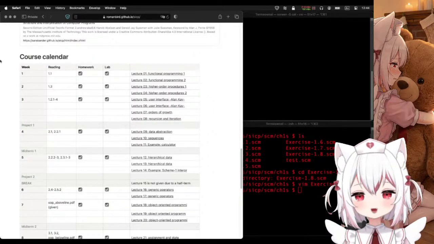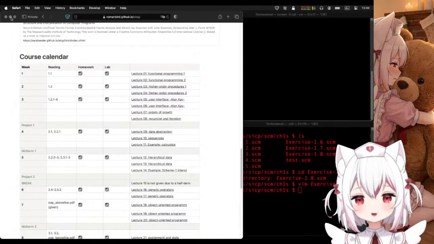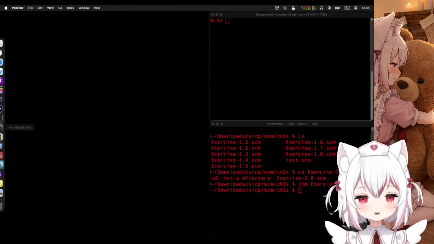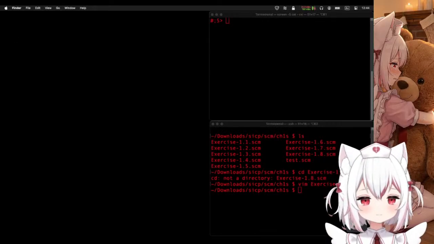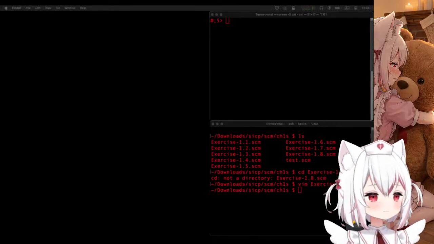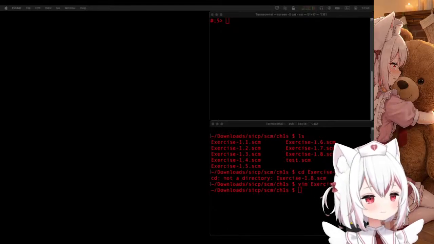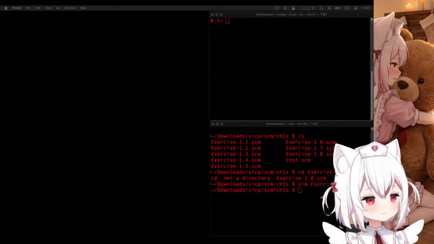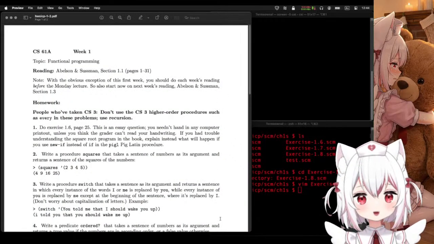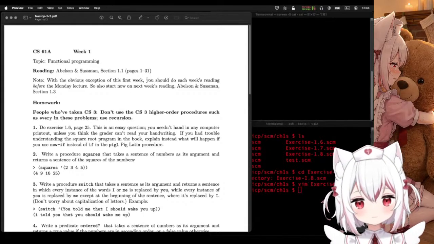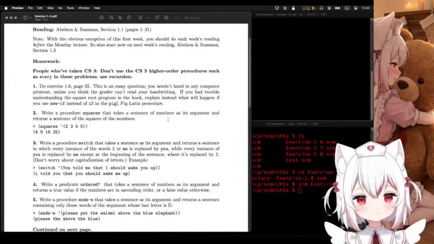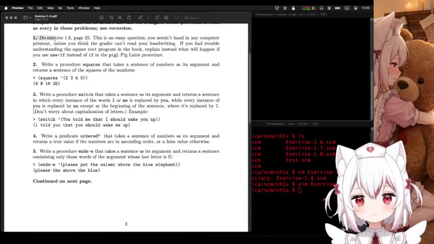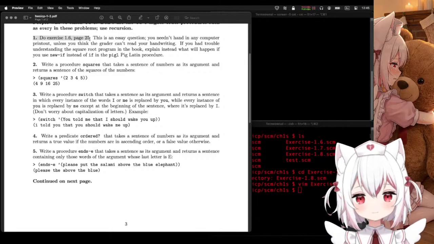What I'm saying is, instead of reading 1.2 right away, I'm going to be doing the homework problems for the Berkeley version, the week 1 homework, pages 1 to 31. So first problem, do exercise 1.6 on page 25.